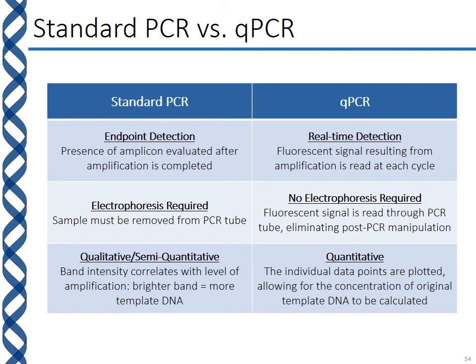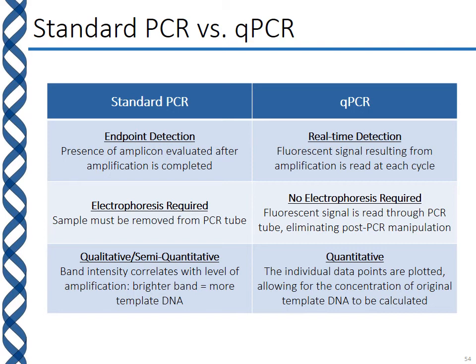And here's a table comparing standard PCR with qPCR, and some of this is what I just discussed. So standard PCR uses endpoint detection, whereas qPCR uses real-time detection. In standard PCR, you do have to remove part of the sample from the PCR tube and load it into a gel for electrophoresis.